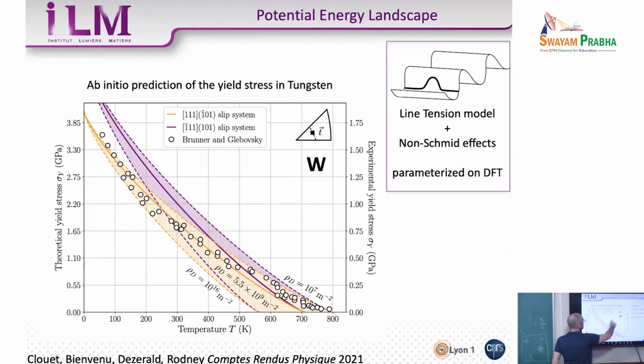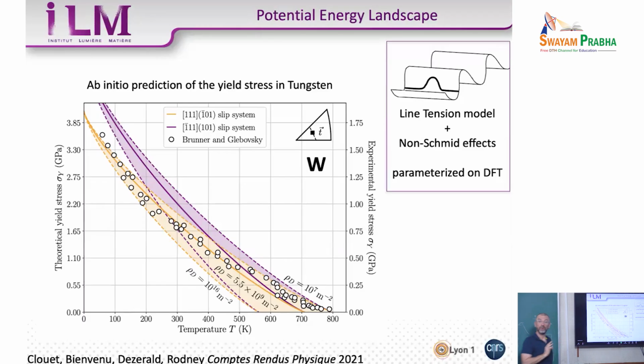Depending on the slip system that we assume is activated, in one case we get something which is really off, in another case we get something a bit better, but the prediction also depends on one unknown parameter which is the dislocation density. So there's an area of prediction which encloses all the experimental points. But we also have to make an assumption on what is the activated slip system. That information we didn't have.